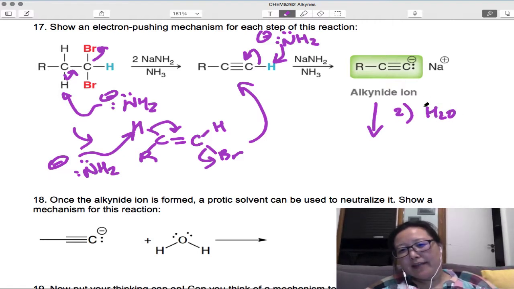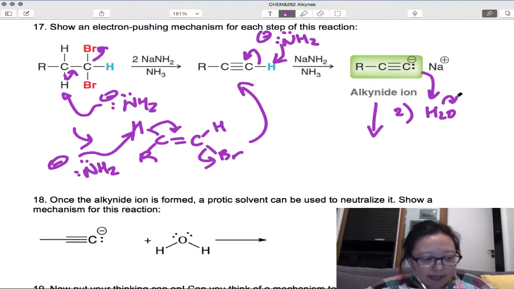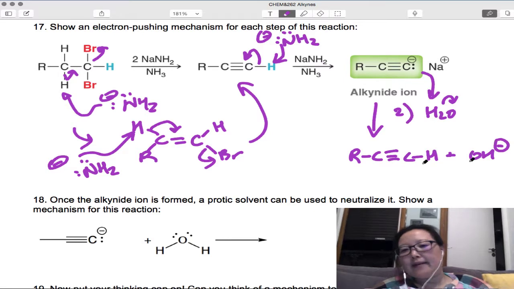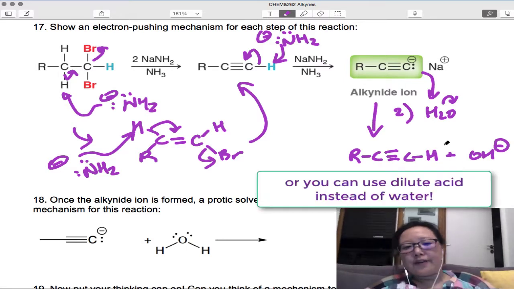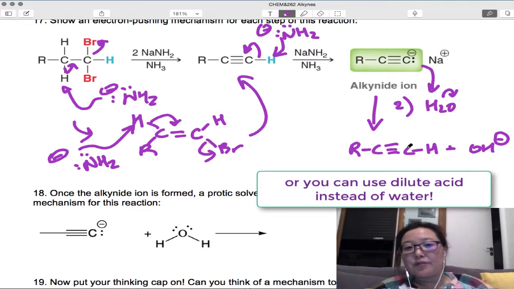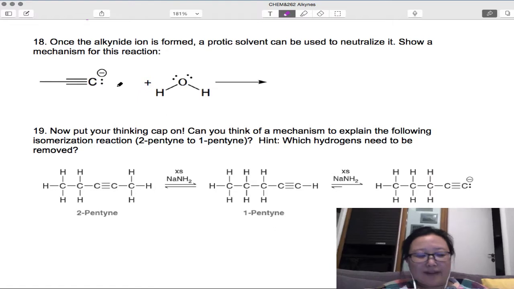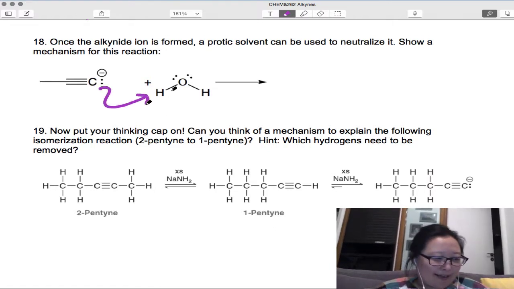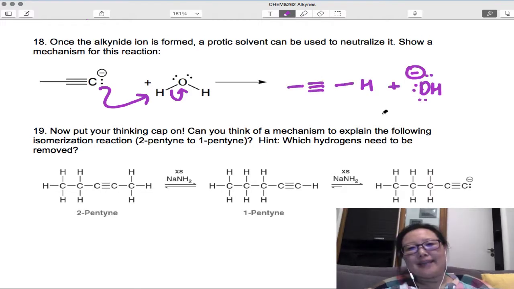So this will grab the H from the water, and then we'll make this guy. And it'll still be basic because of hydroxide, but then we can neutralize that further. So sometimes you're going to see an additional water step just to show that this is going to be in its neutral form. And that's pretty much right here. I forgot I had it on here. Okay, so that's going to be like this.